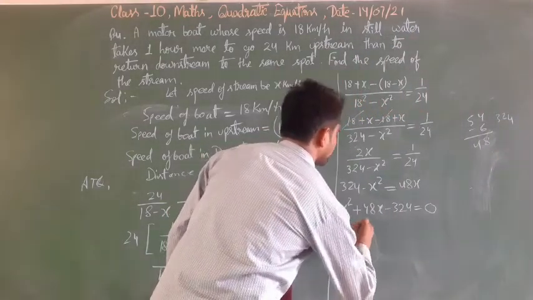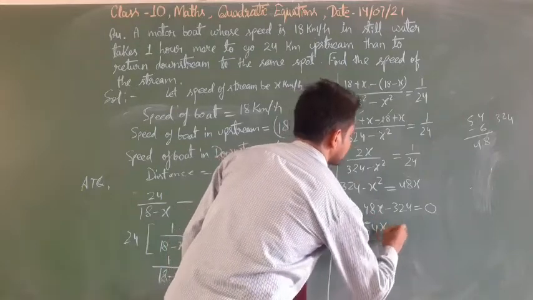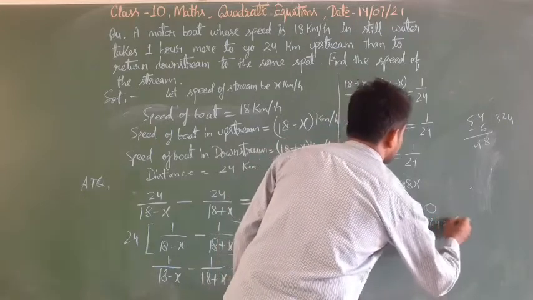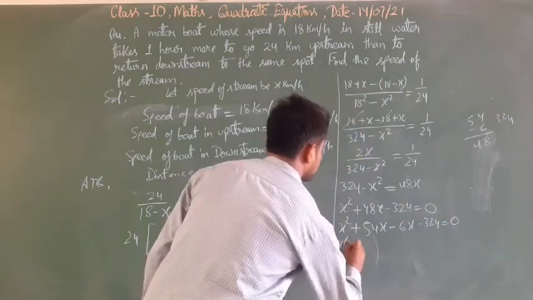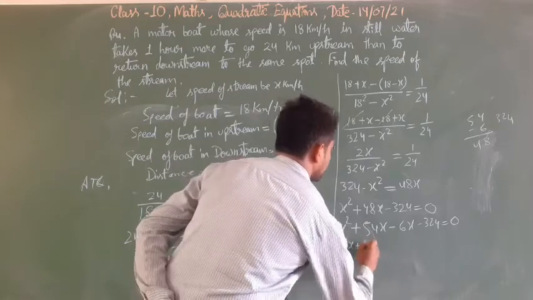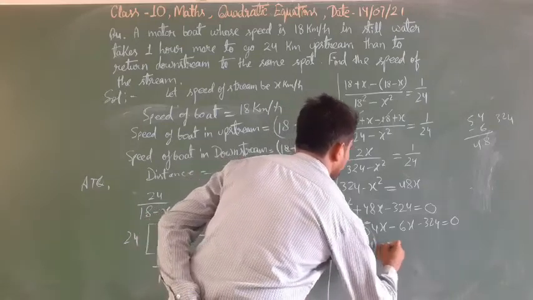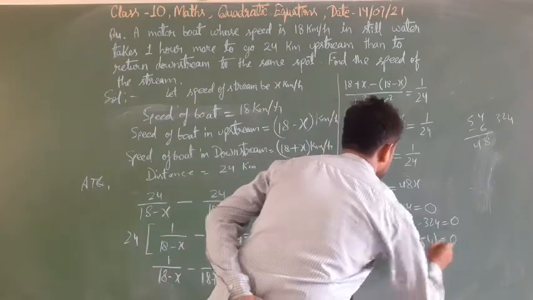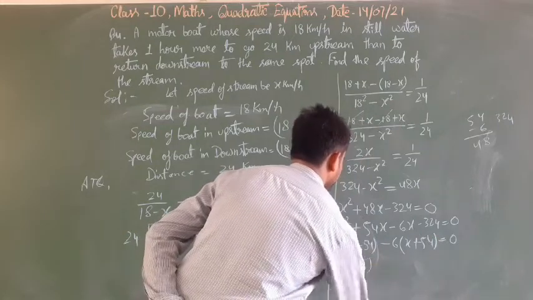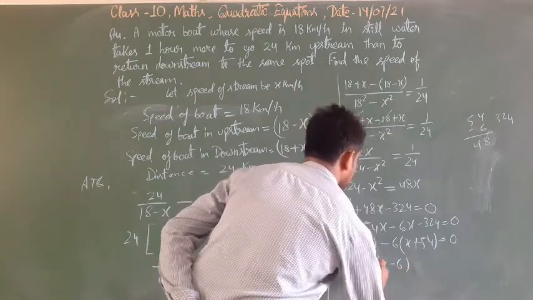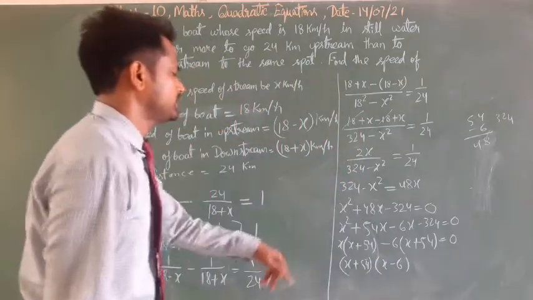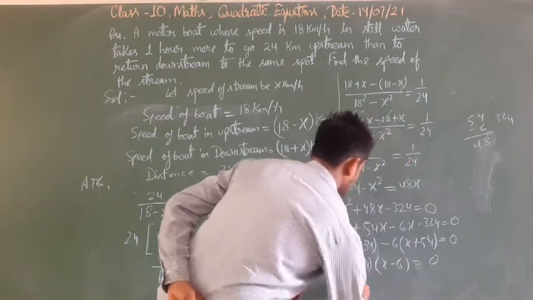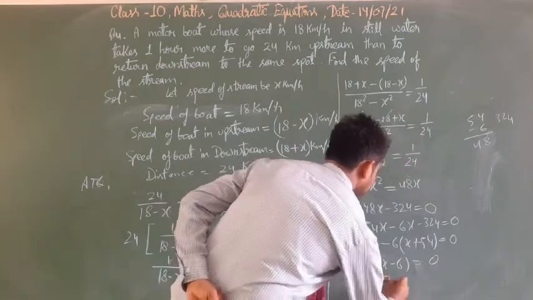So this can be written as x square plus 54x minus 6x minus 324 is equal to 0. x is common, then x plus 54 minus 6 is common, then x plus 54 in one bracket, in other bracket x minus 6, is equal to 0. So therefore x is equal to minus 54 or 6.